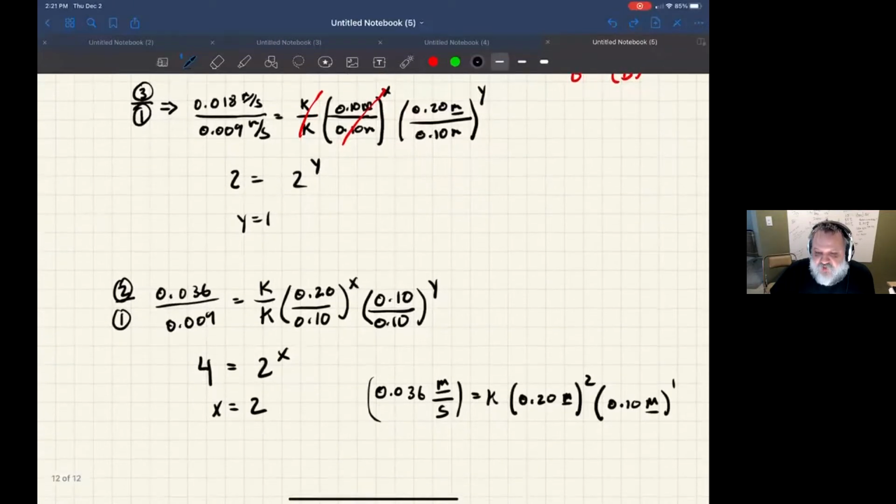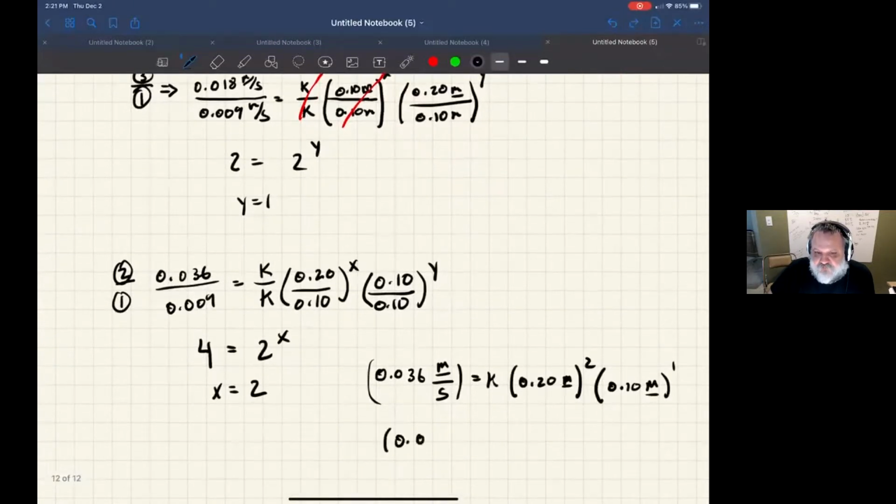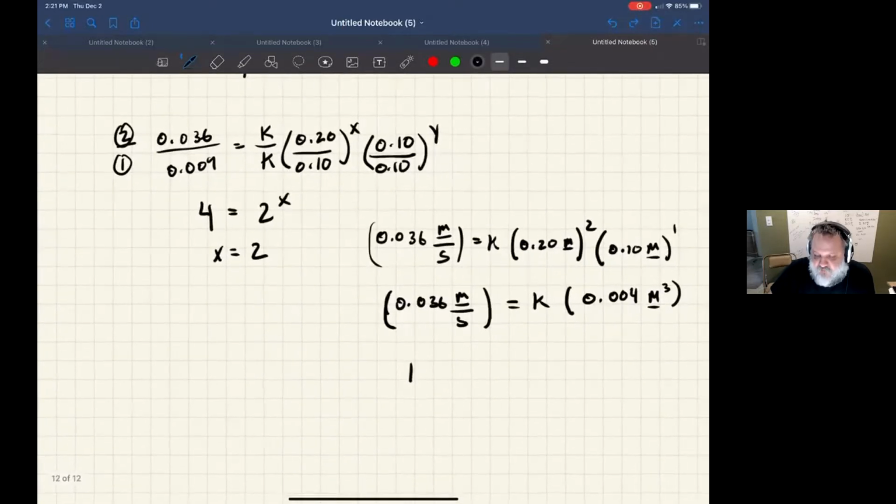Now, when I simplify this, I'm going to get 0.36 molarity per second equals k times 0.04 molarity to the third. So I'm going to divide both sides by molarity to the third, and that way I get k equals 0.36 divided by 0.04 molarity cubed.